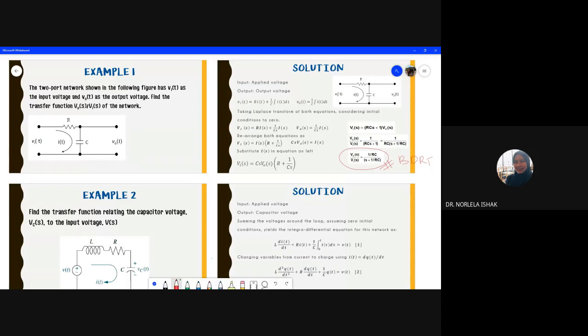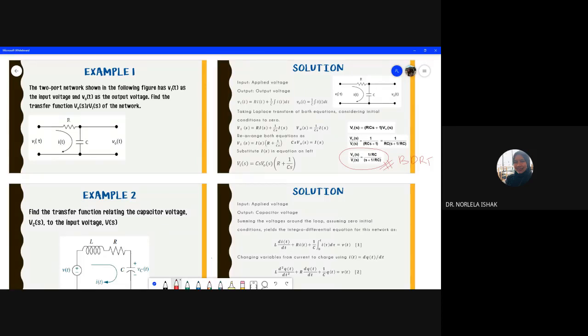But hopefully you still remember the table that shows the relationship between impedance for the components: capacitor, inductor, and resistor.